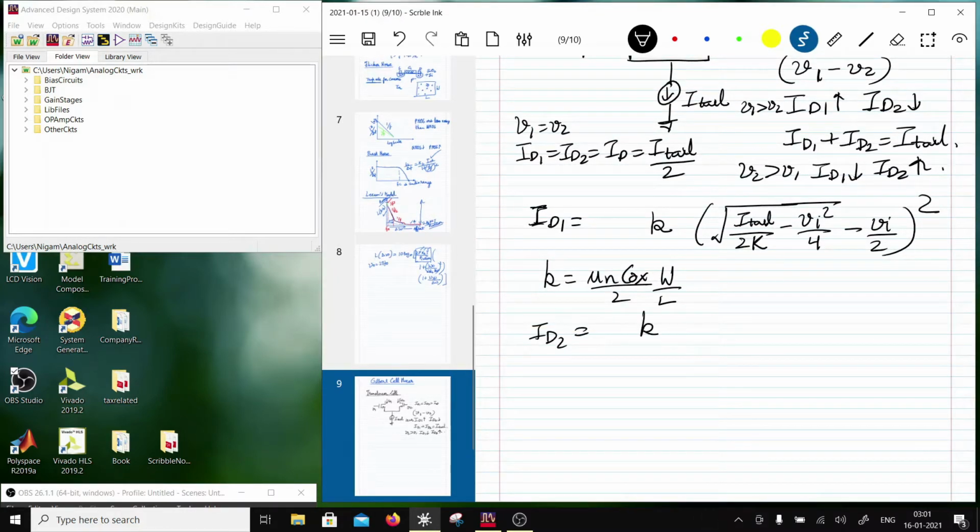ID2 will be equal to K times root of I tail by twice of K, small or big K, don't get confused. Let's correct this: twice of K minus V1, and this is going to be V2.